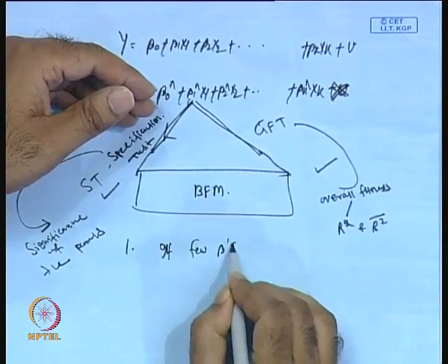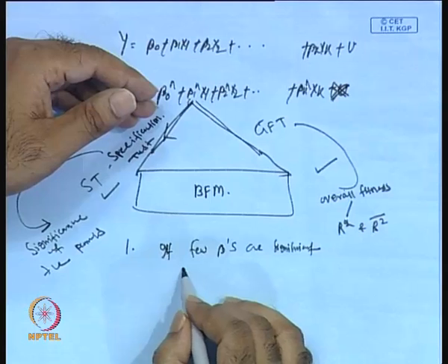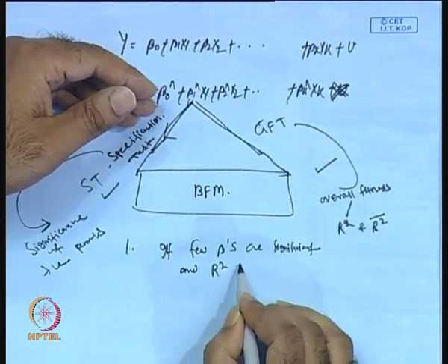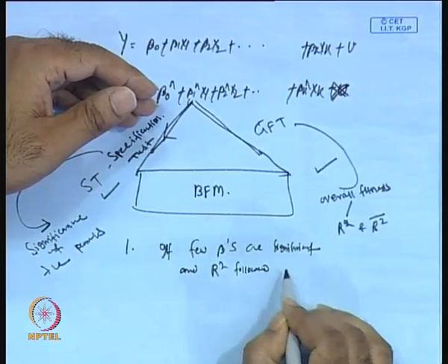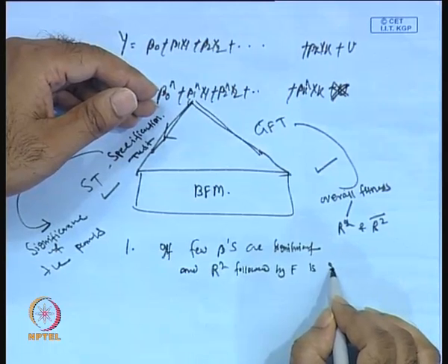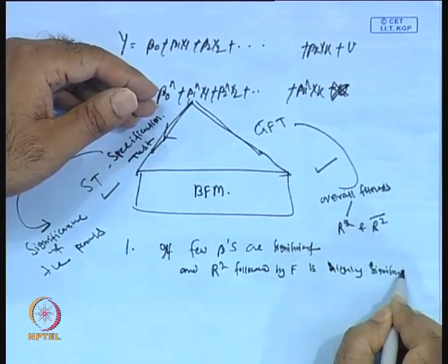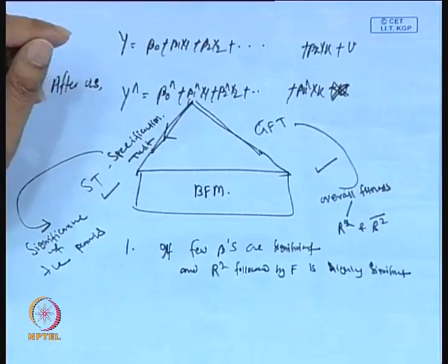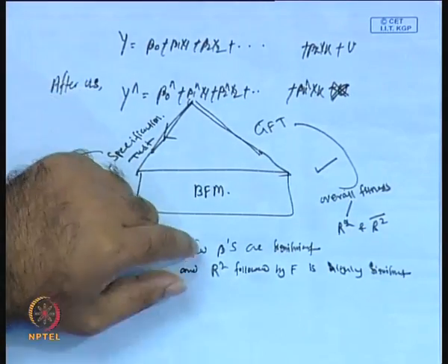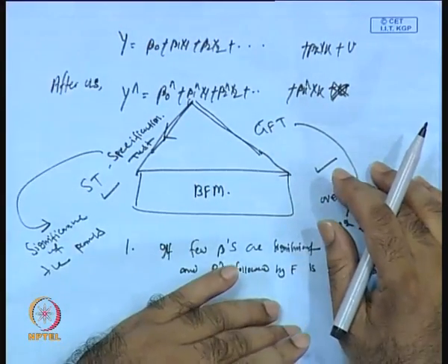So, in the first case, if few betas are significant, and R square followed by F is highly significant, that means here we are going together: overall fitness of the model and the specification test.